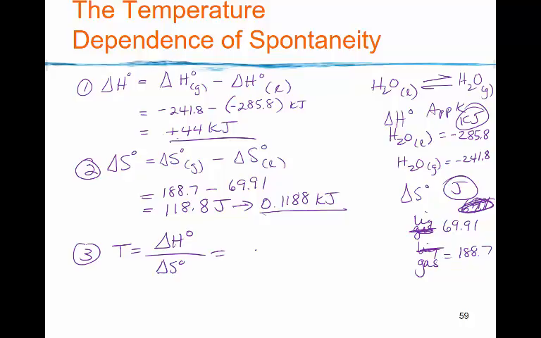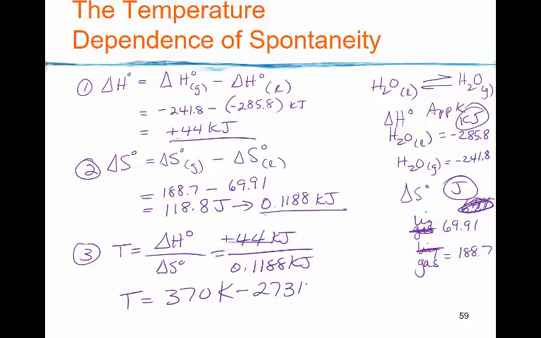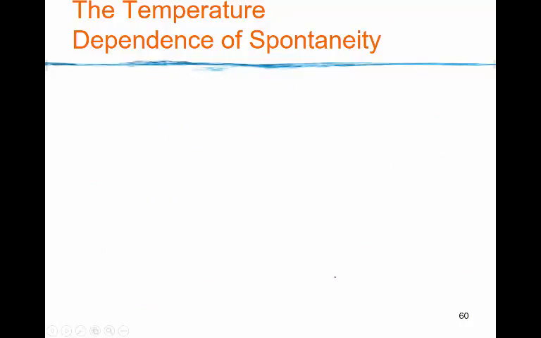I plug my numbers in: plus 44 kilojoules divided by 0.1188 kilojoules, and T is going to equal 370 K, minus 273 K gives me 97 degrees C. Cool, huh? So I could actually calculate the normal boiling point of water by using the table numbers.